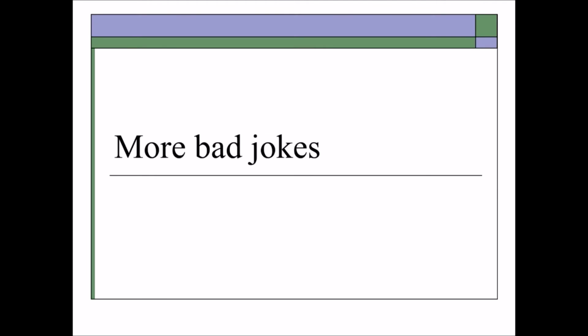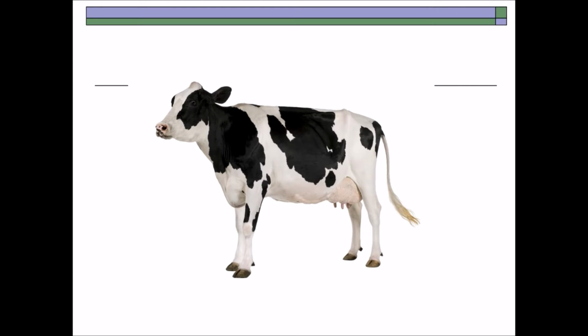More bad jokes. What do you call a nun in a wheelchair? Virgin Mobile. Any laughs about that? No? All right. What happens when a cow jumps over a barbed wire fence? Utter destruction. Great? Corny? Awesome? Oh, well, y'all have no taste.